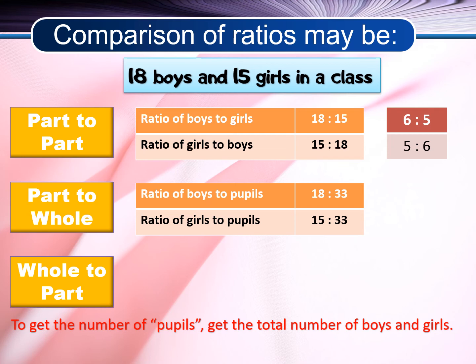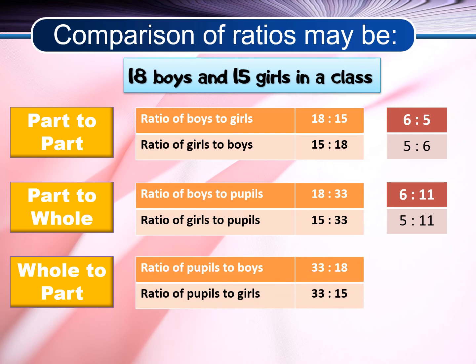Therefore, the ratio of boys to pupils is 18 is to 33 and the ratio of girls to pupils is 15 is to 33. Reducing the ratio to lowest terms, we get the final ratio, which is 6 is to 11 and 5 is to 11 respectively.